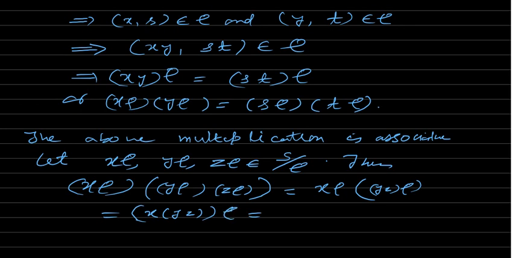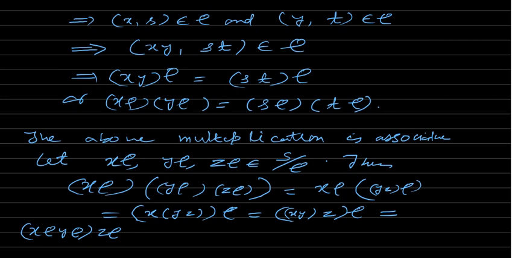But now we can apply the associative property of the elements x, y, z. It's equal to ((xy)z)ρ, and you can see this is equal to (xρ yρ) zρ. So this proves the associativity of the operation.